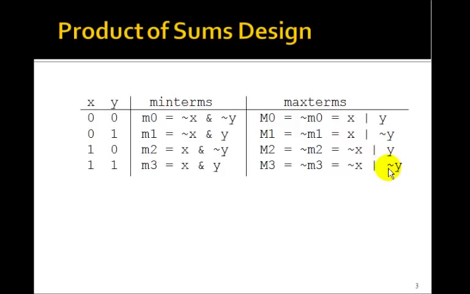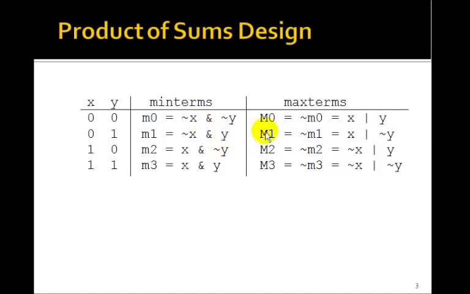So, you remember how easy it was to remember the min terms. If there was a 0, you knotted it, and then you ANDed them together. So 0, 1 became not x and y. For max terms, everything is the opposite. If there's a 0, you don't knot it. If there's a 1, you do knot it.